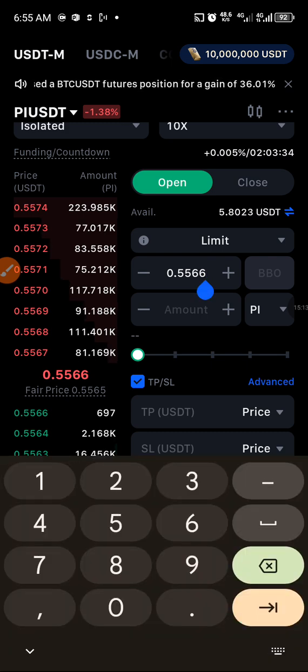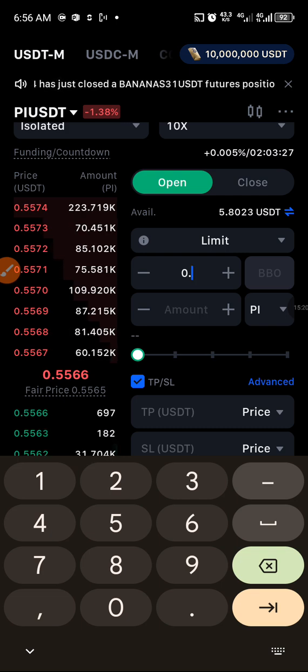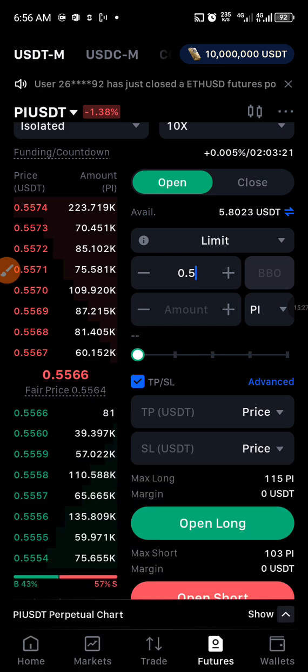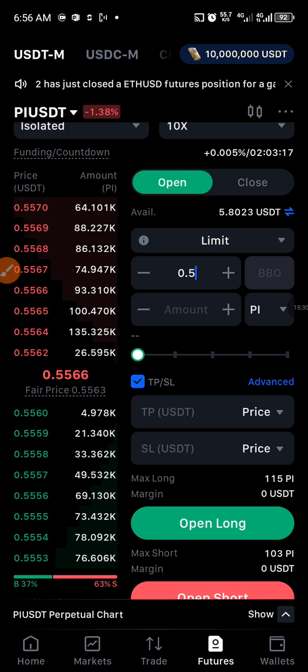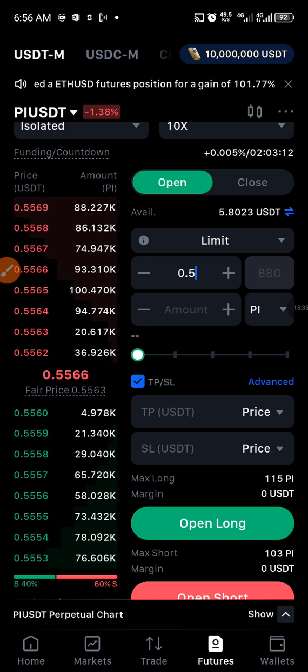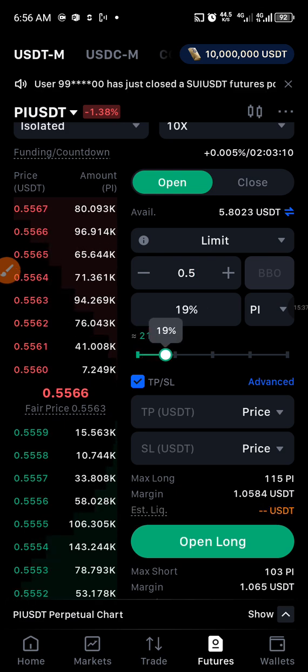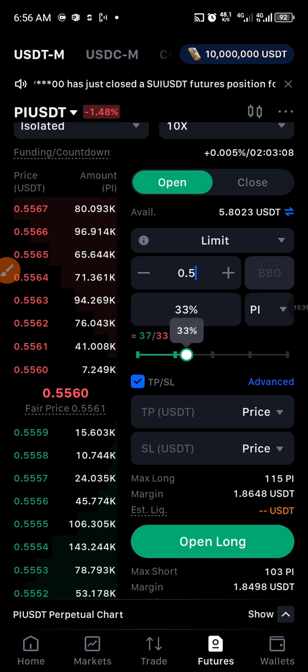For instance, if I want to enter this trade when the price is 0.5, I'll just press 0.5 and leave it there. Then I'll go to amount. How many USDT do I want to trade with? This is where you will select it. You can use this arrow here to draw it down.